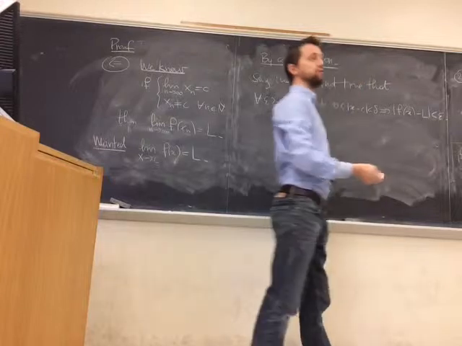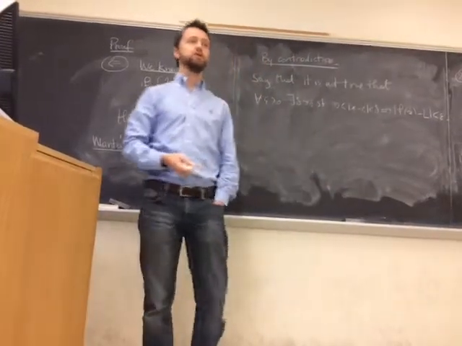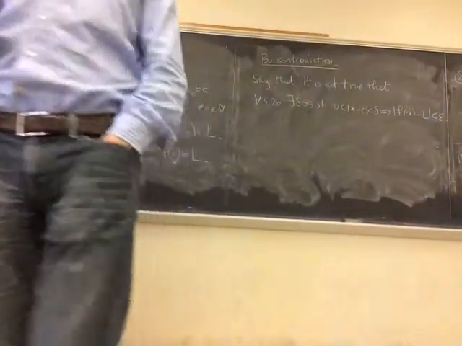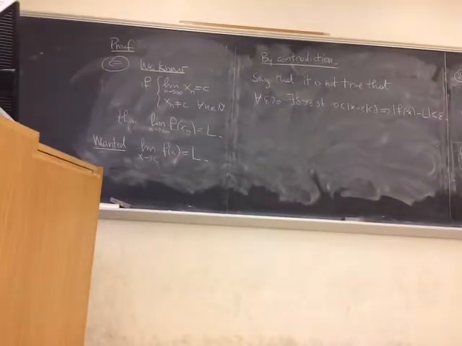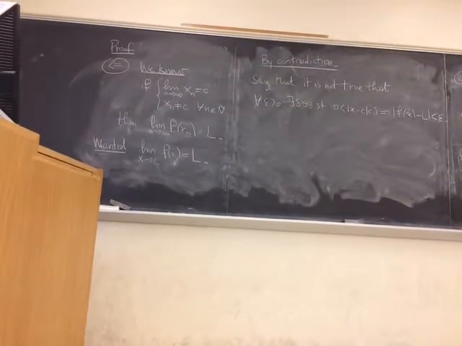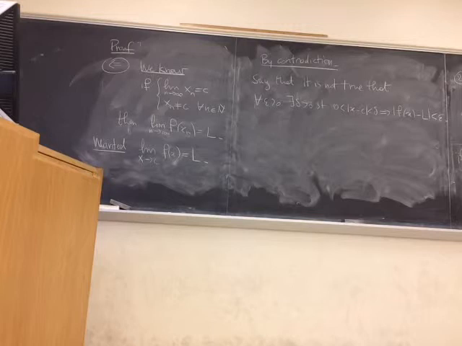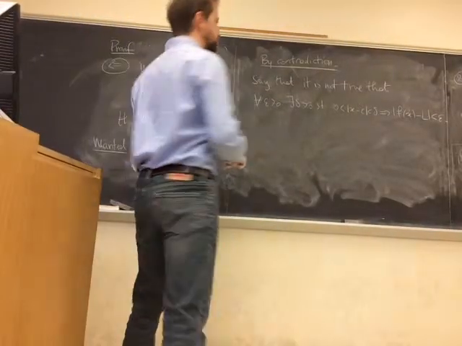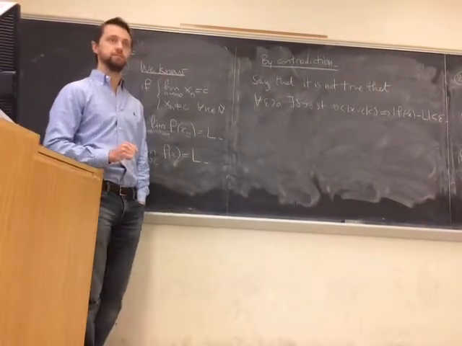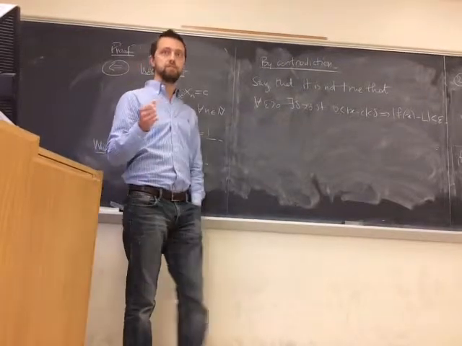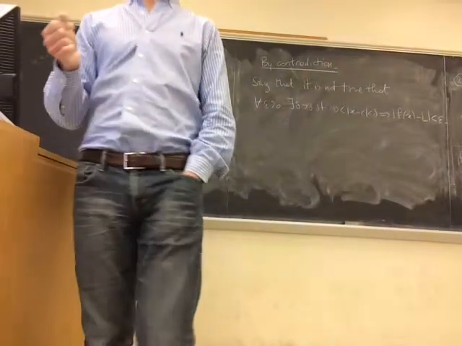This would be my definition of limit, right? So the definition of limit would exactly mean that for every epsilon I can find a delta such that if x minus c is less than delta, then f of x minus L is less than epsilon. So say that this is not true. What does it mean? You cannot find such a delta for every epsilon.